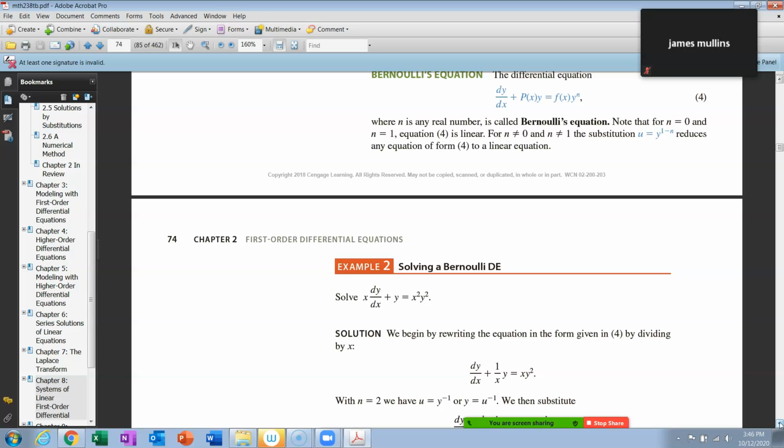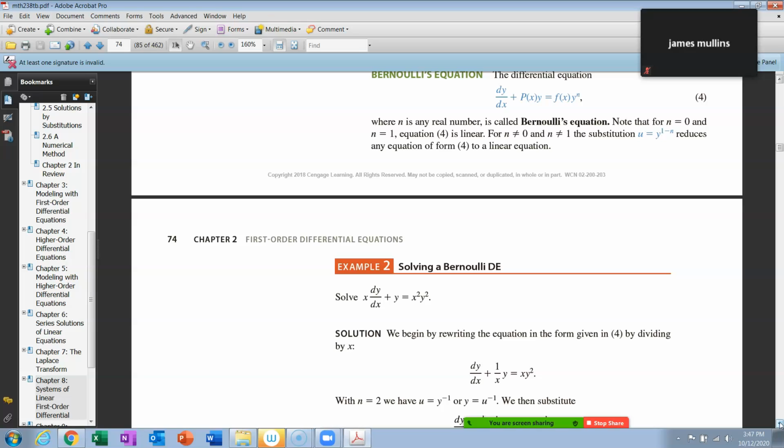So as soon as we finish Bernoulli, then we'll be able to move on. Those first group 1 through 9 I think are all homogeneous. Okay, 11 through 14 are homogeneous with initial value problem. Now we didn't do one like that, but you've done initial value problems before.